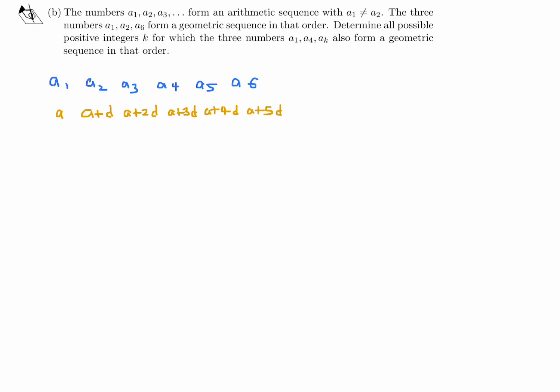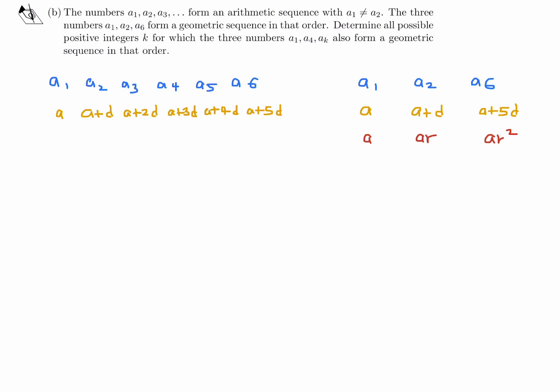They have told me in this question that a1, a2, and a6 also make a geometric sequence. So a1, a2, and a6, which according to what I just wrote are a, a plus d, and a plus 5d, make a geometric sequence of the form a, ar, ar squared. So that's basically the setup of the question.